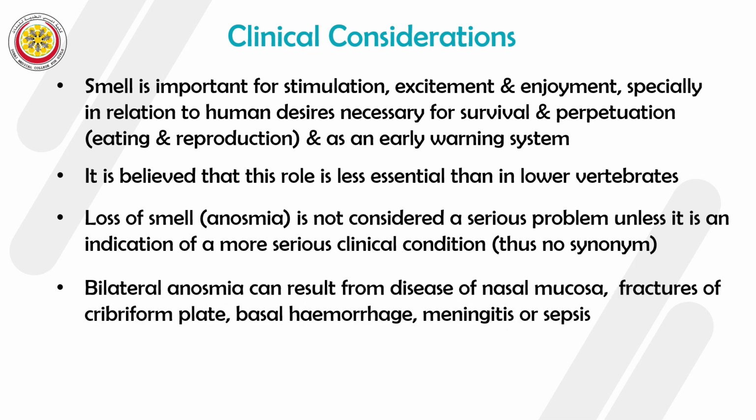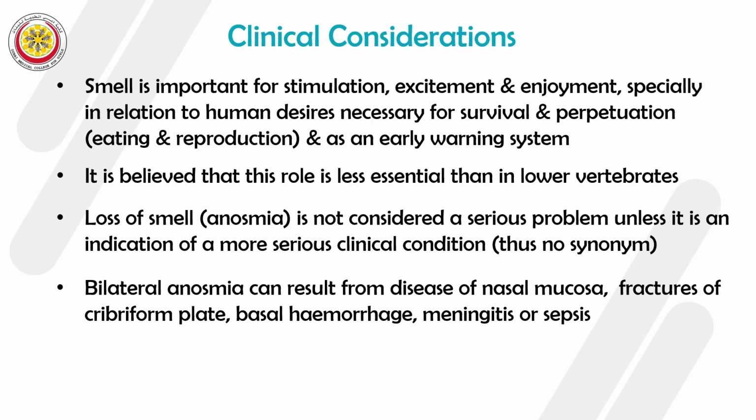Already said that. So loss of smell has only a technical name, anosmia. It is not considered a serious problem unless it is an indication of a more serious one. It has no synonym.